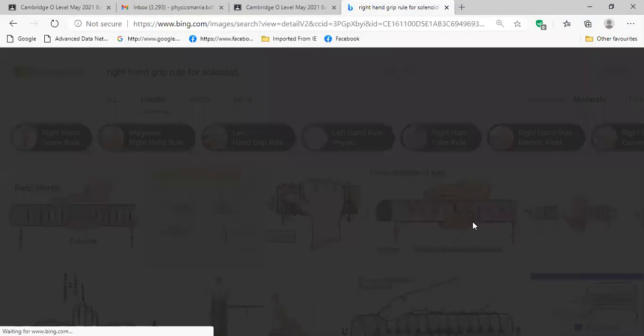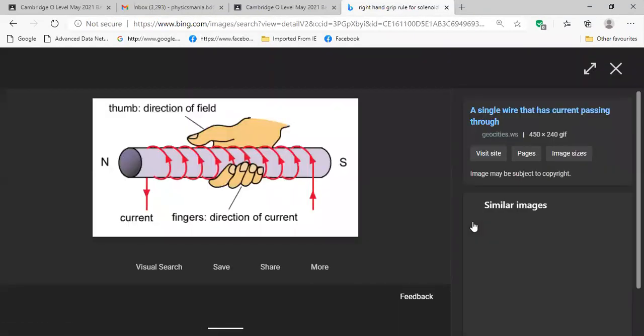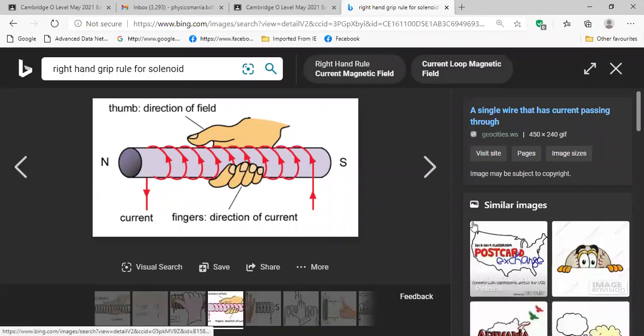Take this diagram. Are you seeing the diagram? Write it the way I wrote: the heading, right hand grip rule for solenoid.